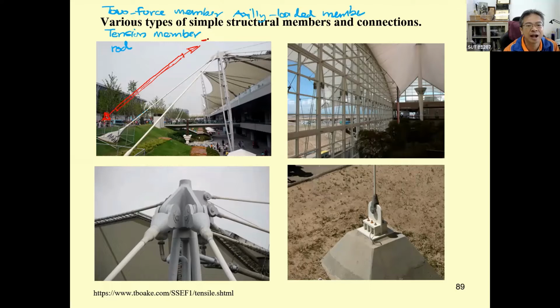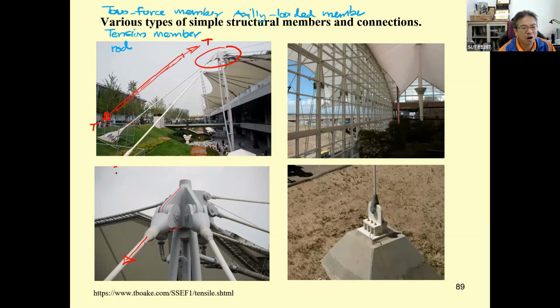The force over here is going to be the tension force, and when it's subjected to this tension force, this is going to have elongation. Also, if you consider this more deeply, you can see the force that occurs in the rod will transfer to the plate over here.